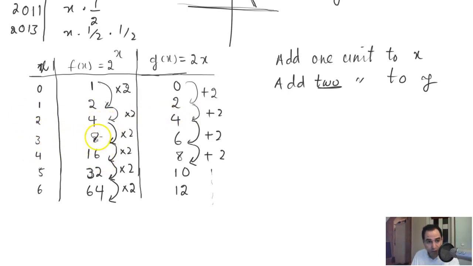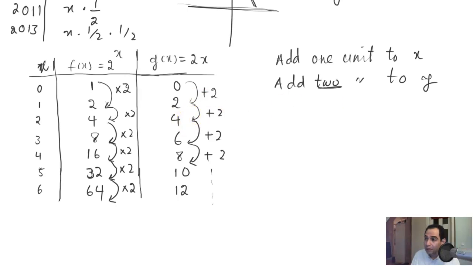But from x is equal to 3, this function starts rising very rapidly, 8 to 16 to 32 to 64. But this function is just growing very slowly, 4 to 6, 6 to 8, 8 to 10 to 12, and so on and so forth. So the growth in this exponential function is much more rapid than the growth in this linear function.